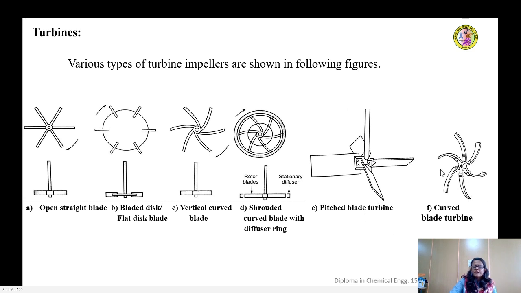Okay, so this is another view of the vertical curved bladed turbine that you have seen in figure C. Among these designs, the pitched bladed turbine creates an axial flow in the agitated vessel, whereas all other types generate radial currents in the agitated vessels.